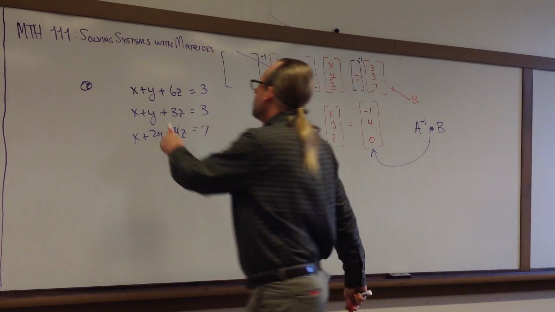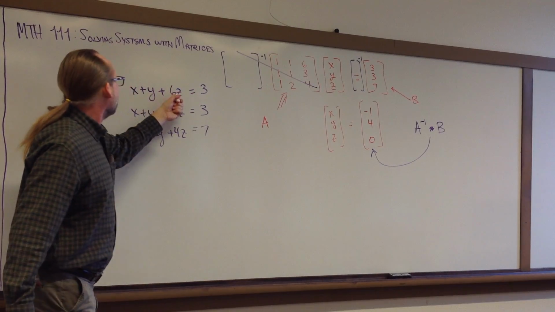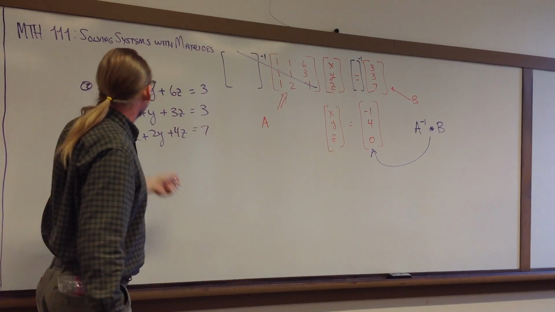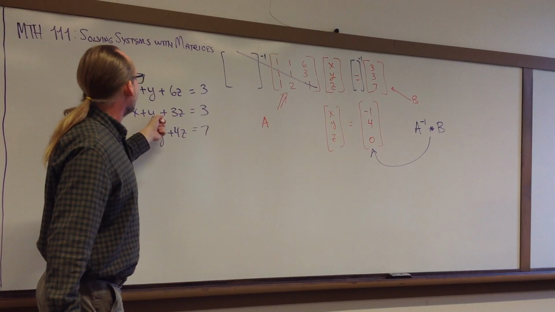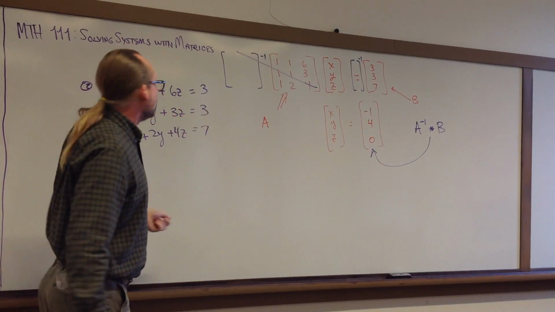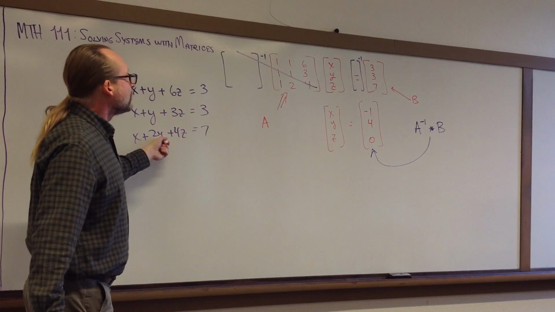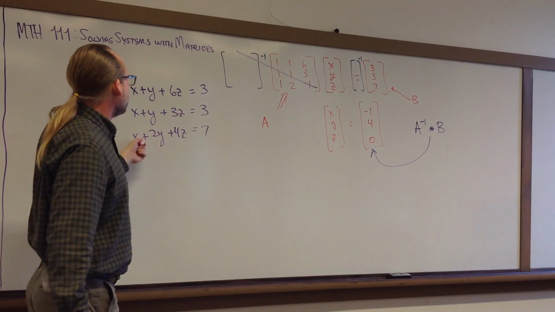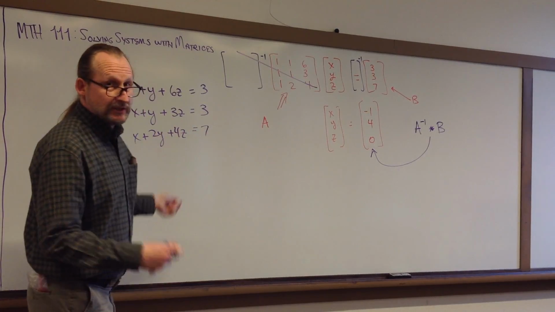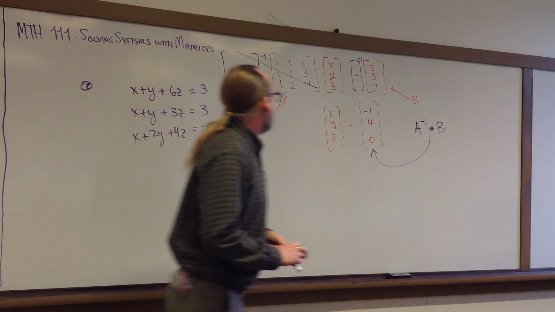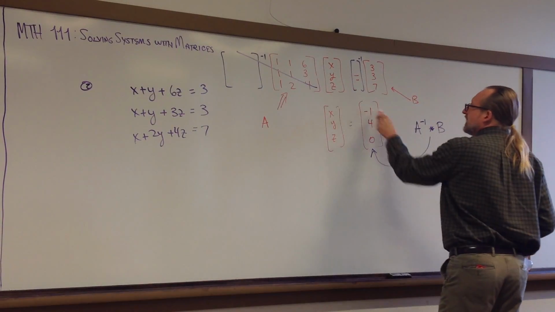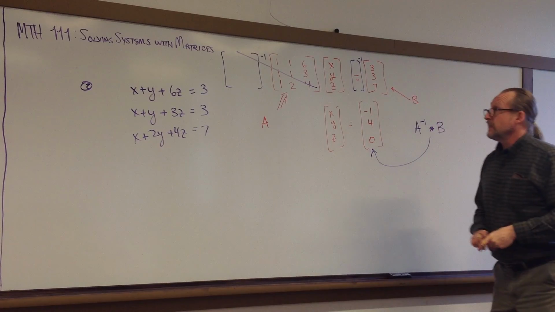So does that work? -1 and 4, and then 6 times 0 is 3. Good. And then again, -1 and 4, 3 times 0 is 3. Yeah. -1 and 2 times 4, this is 8 minus 1 is 7. And again, the Z is still 0. Okay, so there's our solution. X is -1, Y is 4, Z is 0.